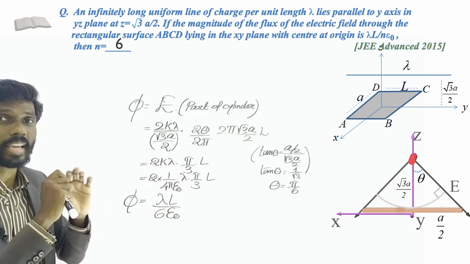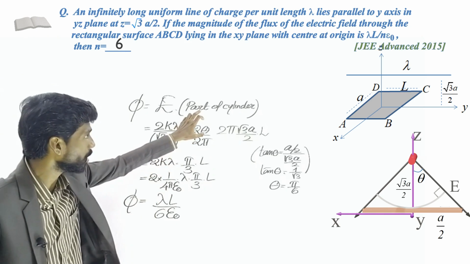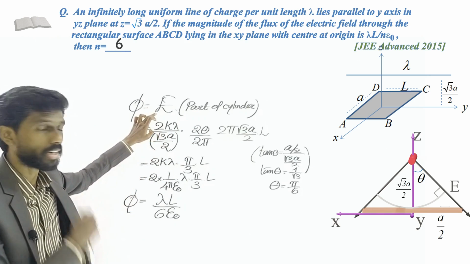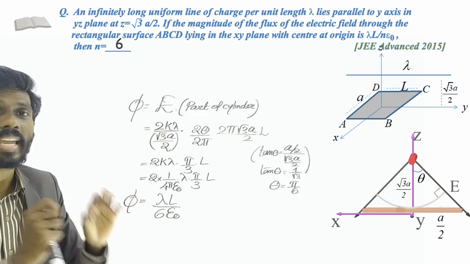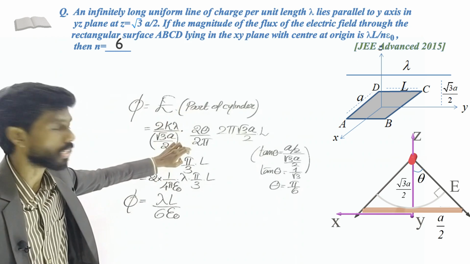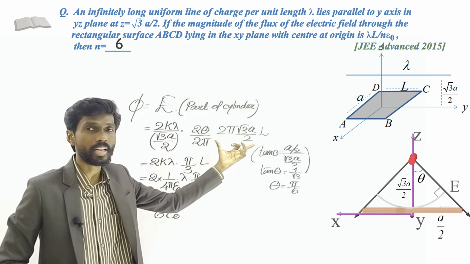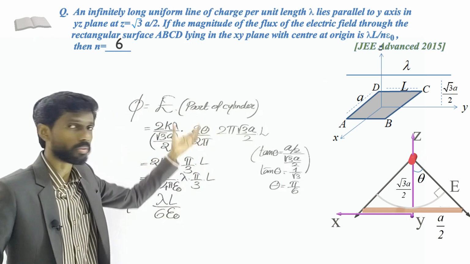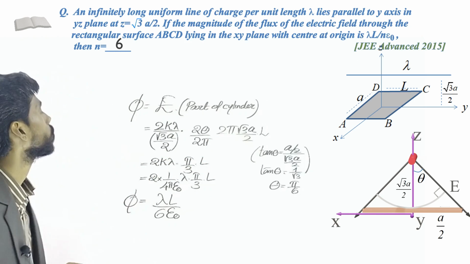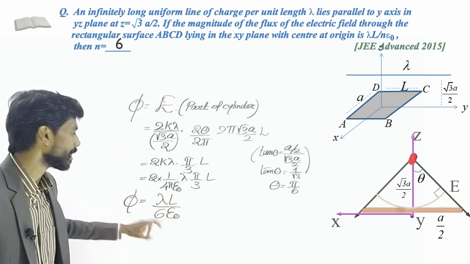So we are finding the area of that part of the cylinder, and that is the only calculation here. The electric field is known already. Electric field multiplied by the area of that part of the cylinder. To find that part of the cylinder, we use all this calculation: the entire area of the cylinder multiplied by that ratio. So that is the answer. The answer to the question is simply lambda L by 6 epsilon 0.